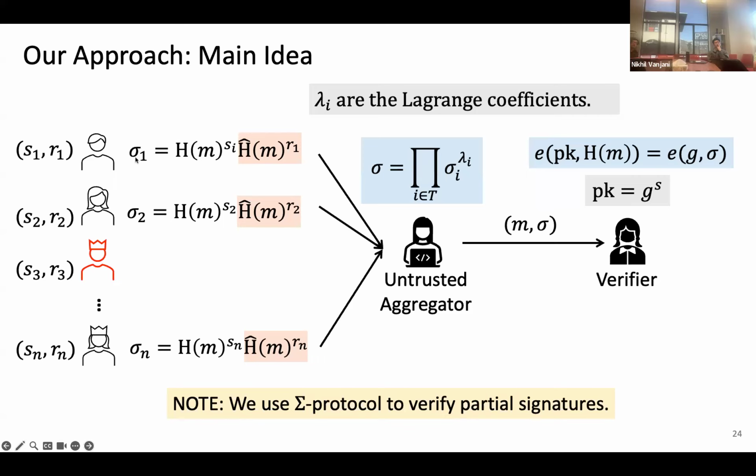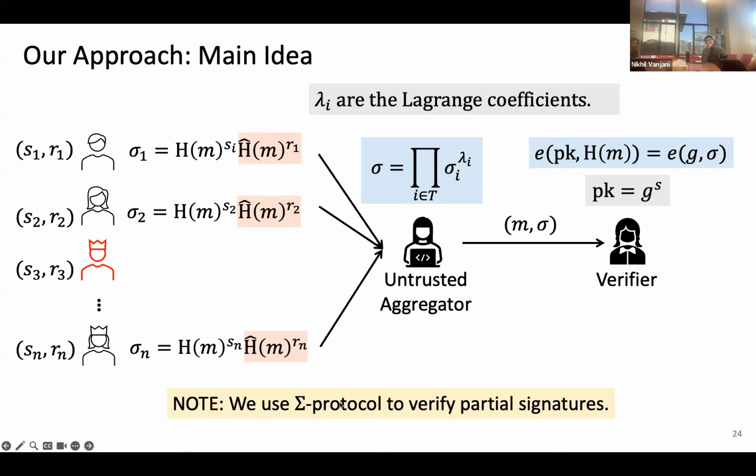By bilinear pairing check, you mean just the standard BLS verification. Yeah. Now this trick doesn't work because each R_i is not 0. So individual partial signature verification needs to go through this sigma protocol, which is also concretely reasonably efficient.